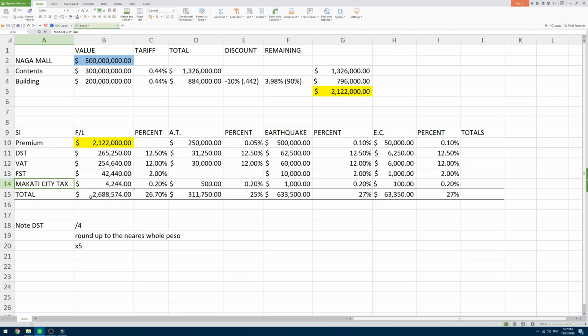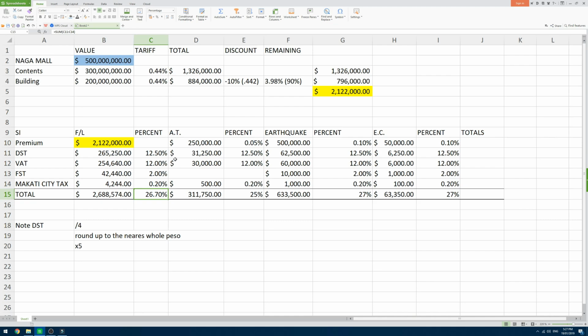And then you get the total. This is what the client will actually pay, which is 2,688,574. The total tax percentage is 26.70. Then the client says, okay, I also want additional coverage for typhoons and floods on top of my fire insurance.